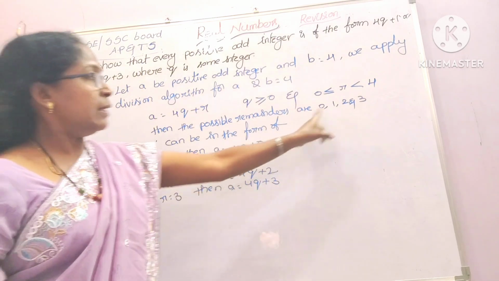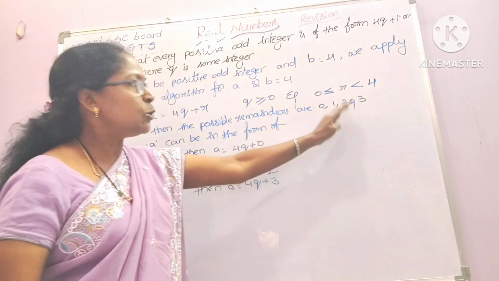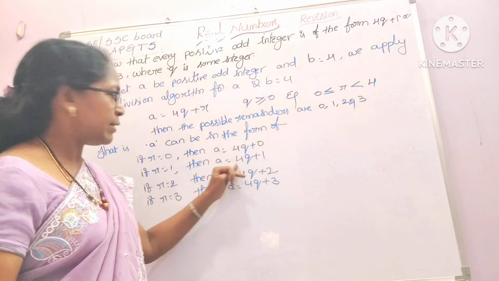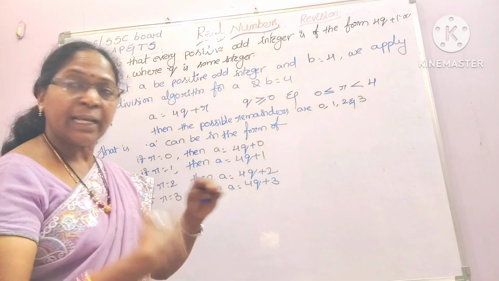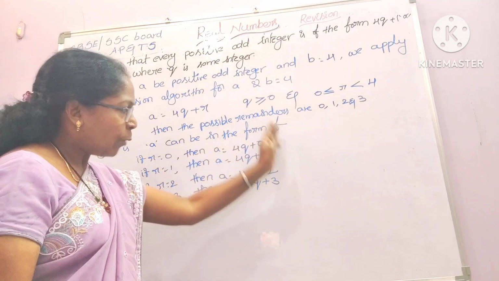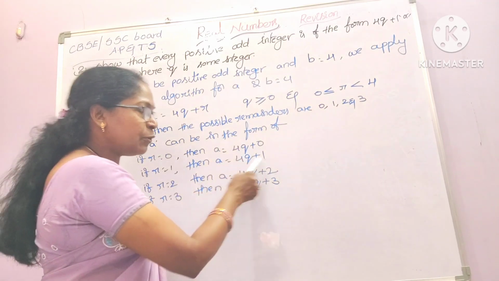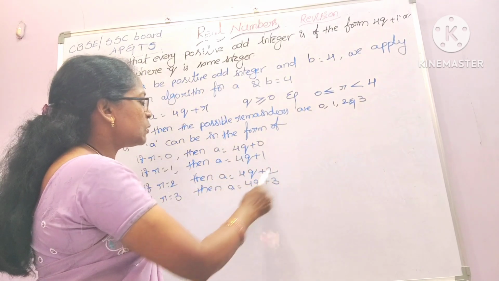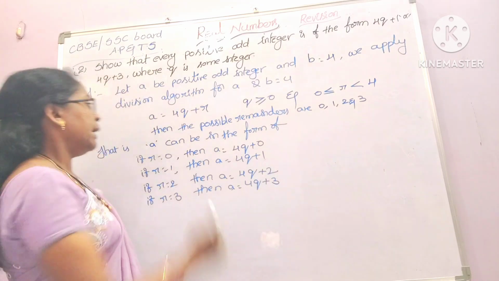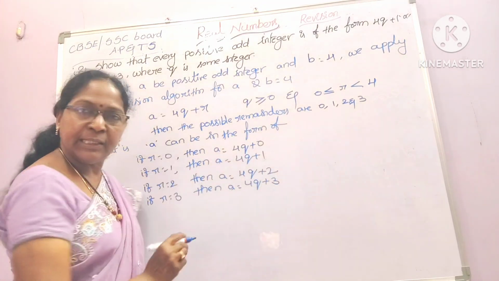The remainders we already got, you substitute in the equation. Then A can be in the form of 4q, or 4q plus 1, or 4q plus 2, or 4q plus 3. A can be in any of these 4 forms.